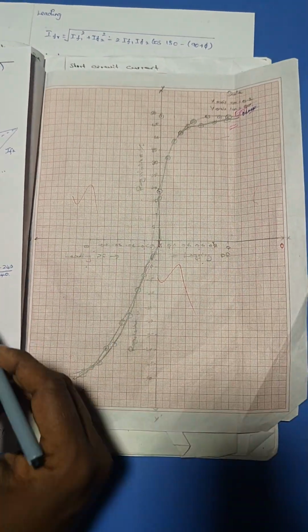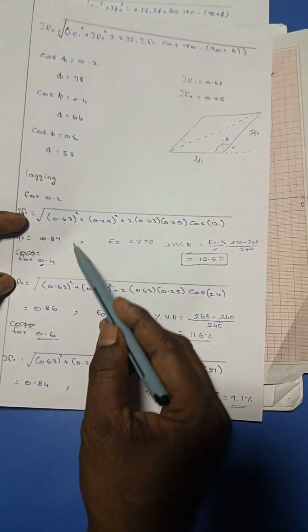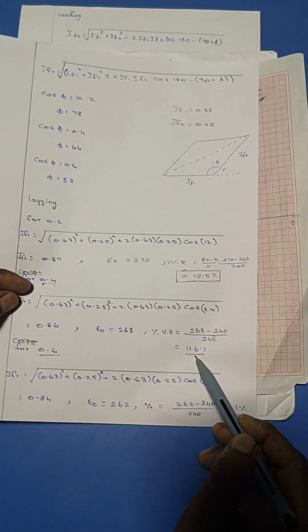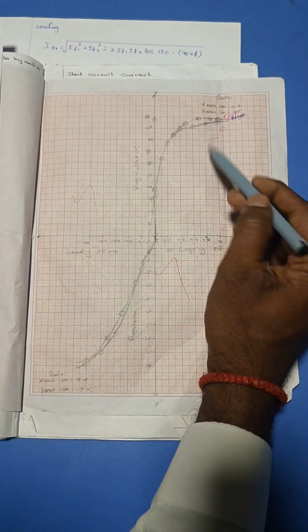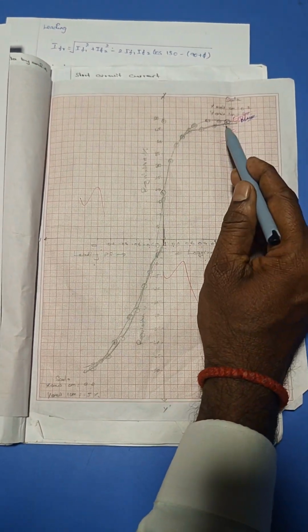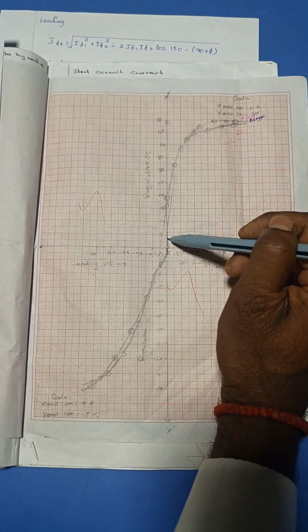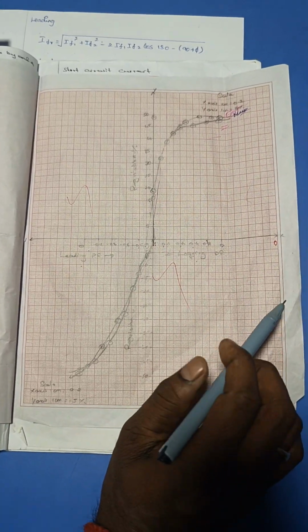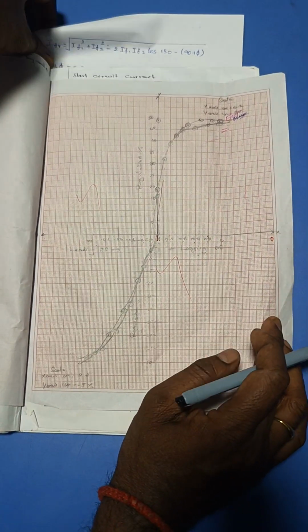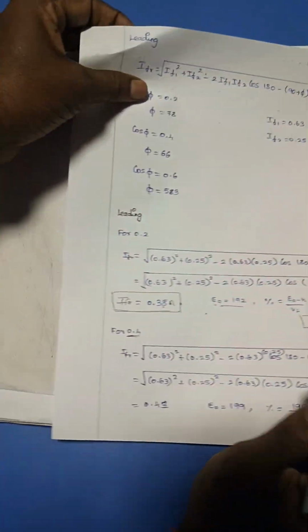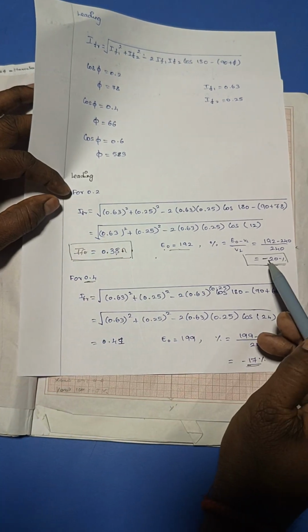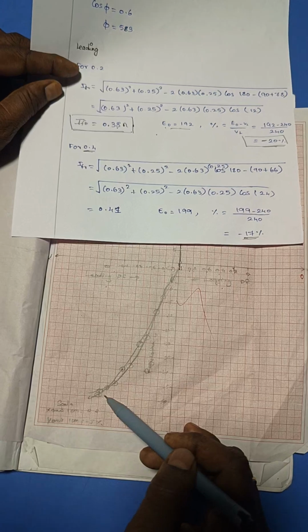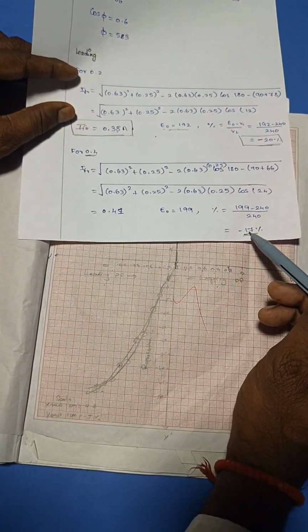So for the lagging, whenever the power factor increases, the voltage regulation drops and it comes to 0 at unity power factor. The next case, for the leading power factor, also at 0.2, it is minus 20, that comes here at the negative peak value. Then at 0.4, it again drops to minus 17, and so on it is coming like this. So it matches with the regulation curve of the MMF method.